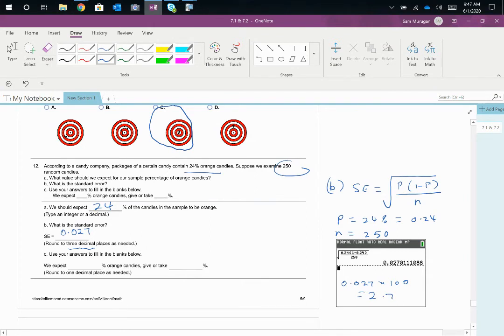So we would expect 24% orange candies, give or take 2.7%. That would be the standard error for this particular group.